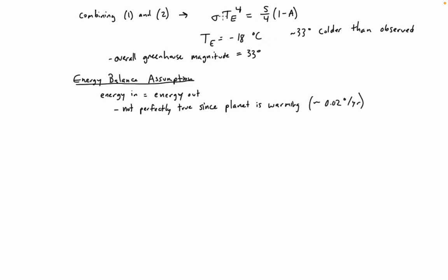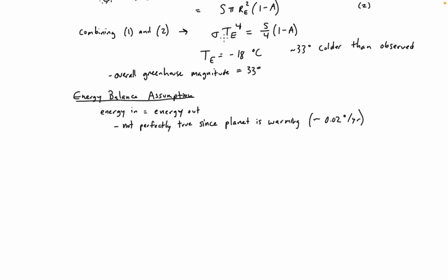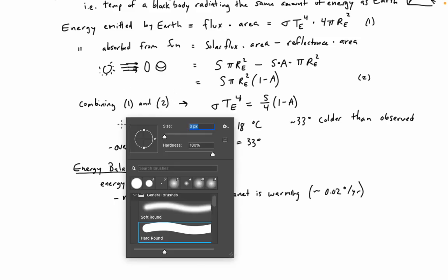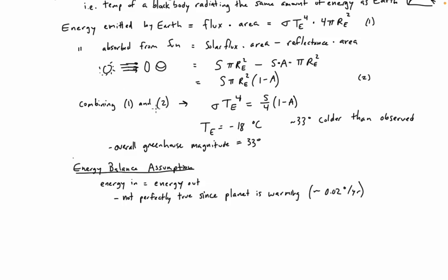So we're thinking about, okay, is this approach still valid, even though we know that it's not exactly balanced? Since it's such a small change, we can go ahead and make this kind of calculation. If we think the reason it's not balanced is because of some perturbation right now, where we're putting more greenhouse gases into the atmosphere, there's nothing in this calculation that has anything to do with that, right?